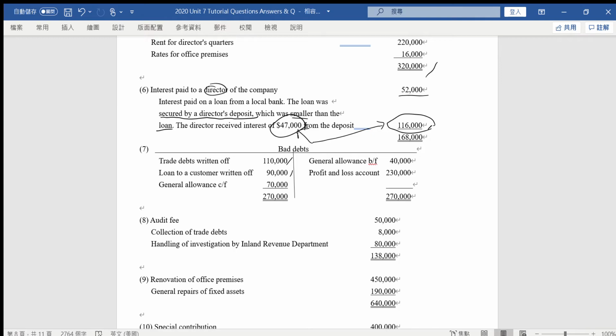What you need to adjust is the beginning balance of 40,000, but the closing balance is 70,000. That's why there is an increase in the general provision. As I have already mentioned, when there is an increase, you need to add back the difference. Increase by 30,000, so you need to add back 30,000. You need to adjust 30,000. It's not allowed to deduct.